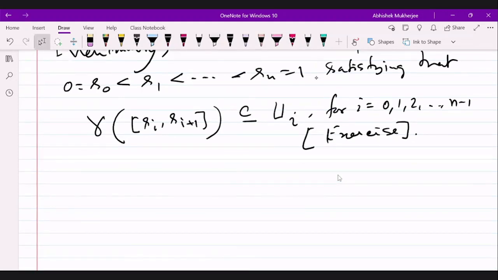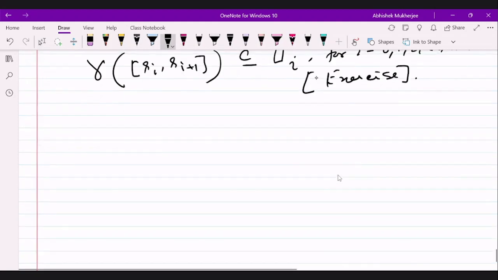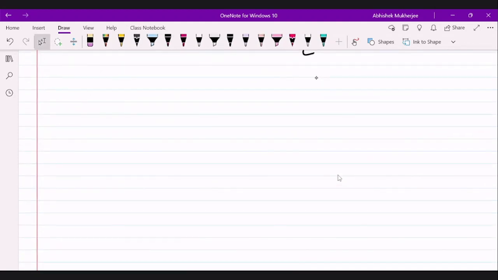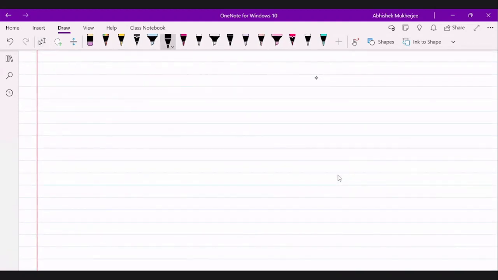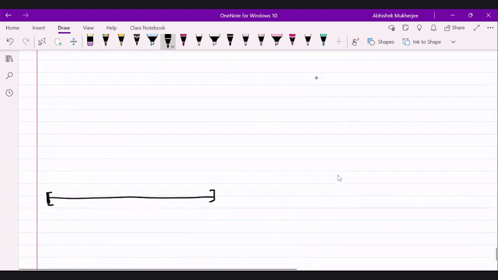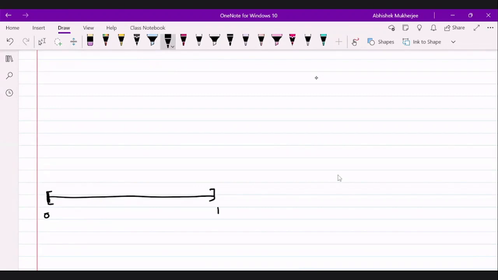Great. Now, after having this partition, let us first start from, suppose this is your 0 to 1 interval, and you have already inserted some subdivision points here.